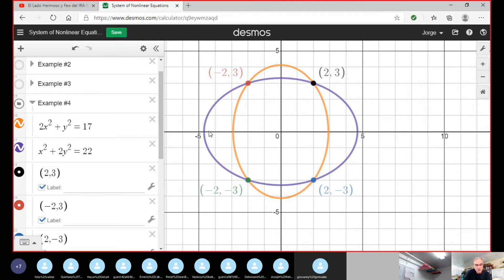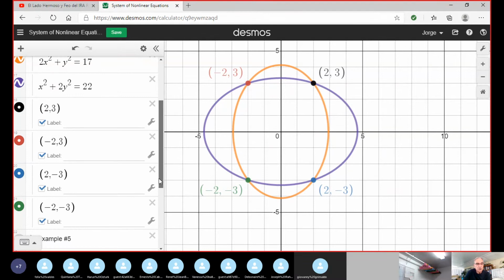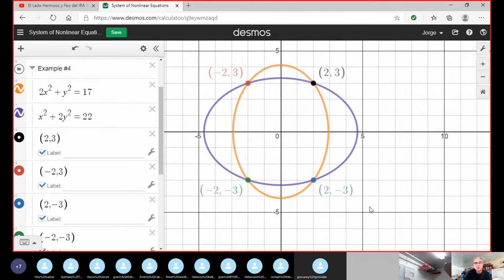I promise that in test number 4 we study conic sections in detail, which include ellipse, parabola, hyperbola, and circle. And the solution is 4 points: (2, 3), (-2, 3), (2, -3), (-2, -3), because we have 4 intersecting points. Super easy, using common sense.